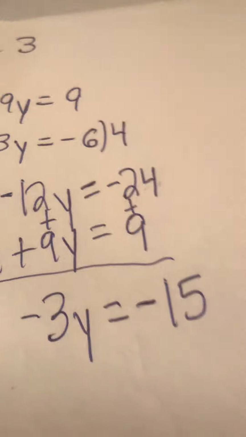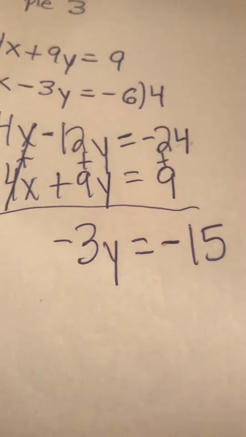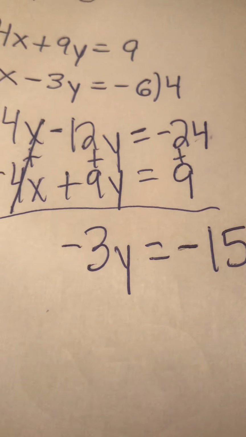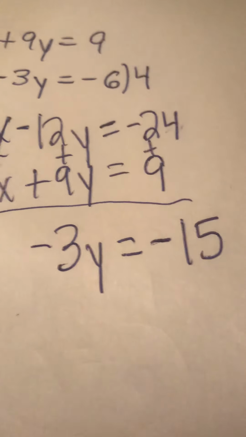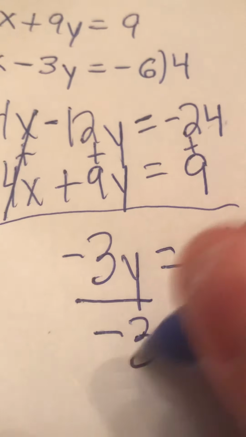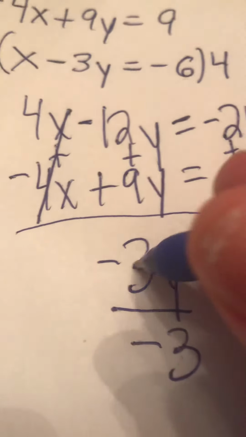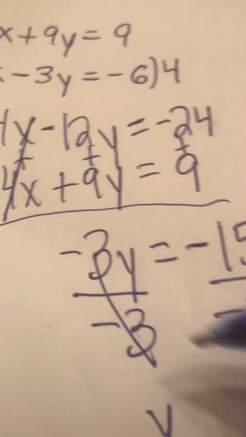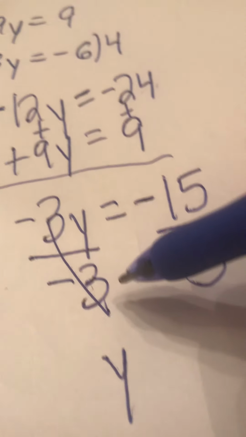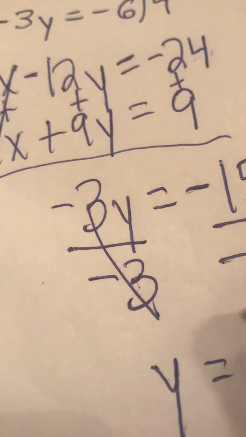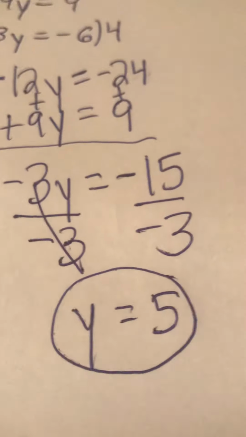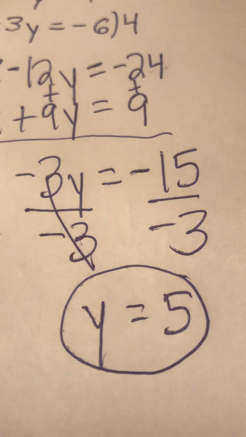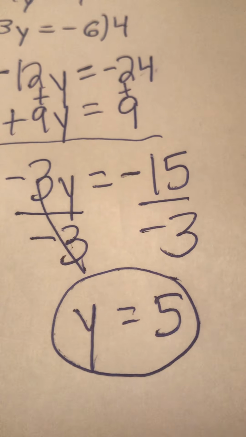So we're one step away from solving for y. The inverse operation of multiplying by negative 3 is dividing by negative 3. Negative 3 divided by negative 3 is 1y, and negative 15 divided by negative 3 is 5.